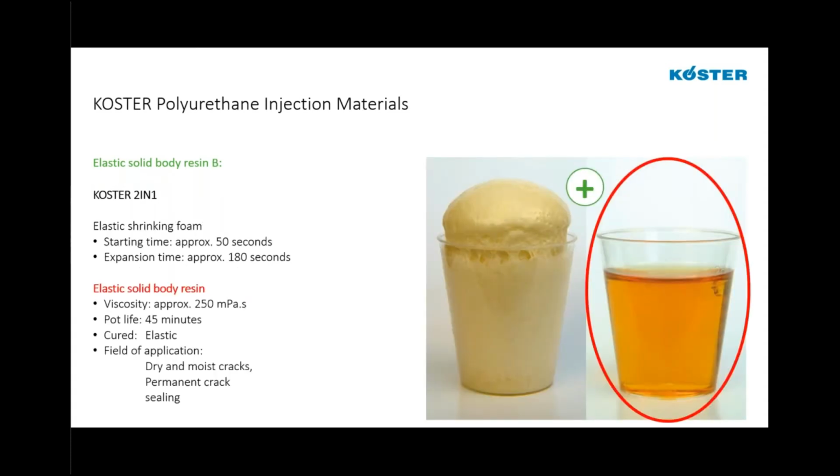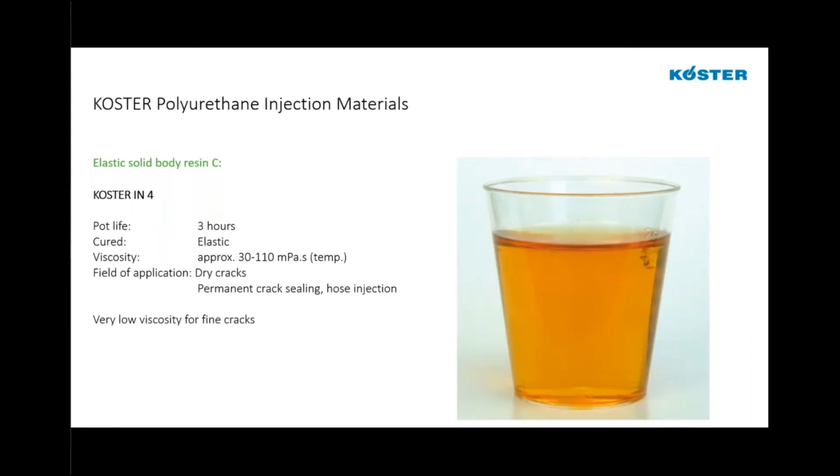2-in-1, again, we have that right side circled to isolate the elastic solid body resin. When it is injected into a dry crack, it will cure as an elastic solid body resin, and again, we use this in dry or moist cracks and for permanent sealing of cracks.